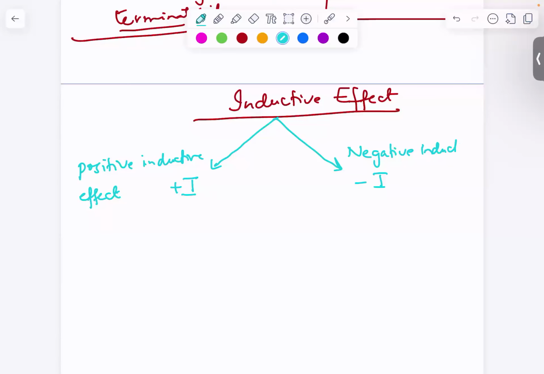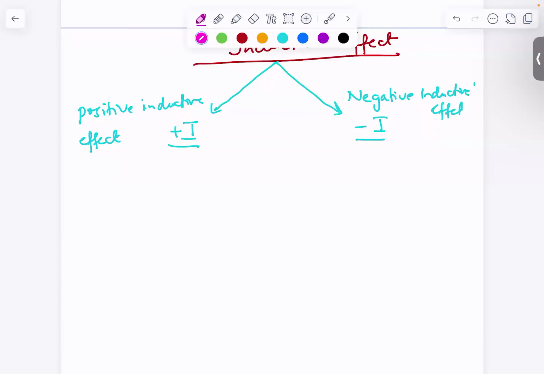So positive inductive effect and negative inductive effect. They are represented by plus I and minus I. Now, what is plus I and minus I? In very simple language, positive inductive effect means supporting a species, and negative inductive effect means imbalancing or disbalancing a species.